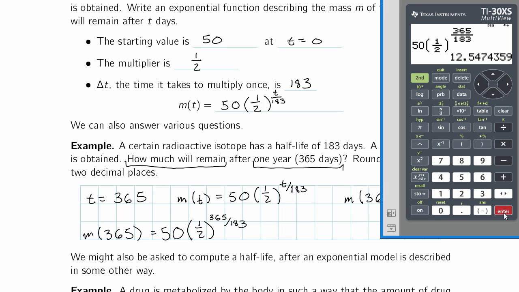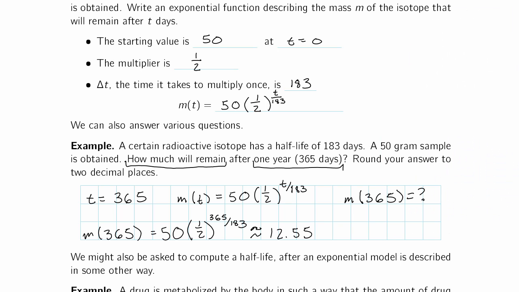We're told to round to 2 decimal places. So we have about 12.55. And so our answer, right, we've just found a mass. In this problem, our masses are measured in grams. So our answer will be 12.55 grams. 12.55 grams of a radioactive isotope remains after 1 year.